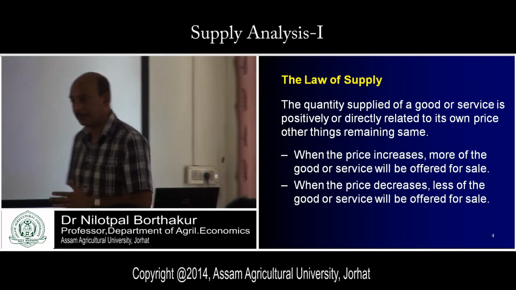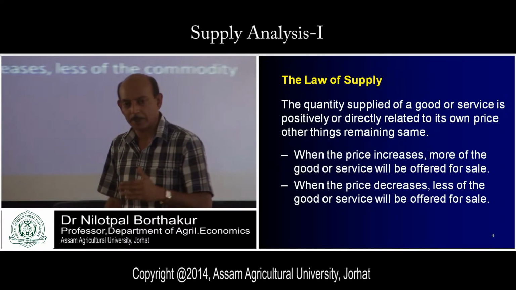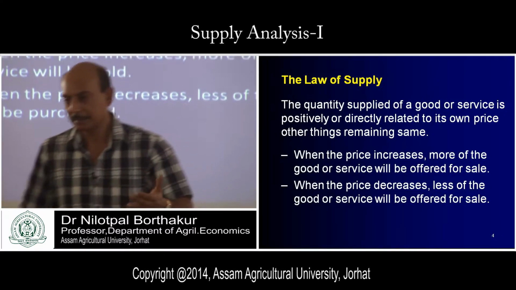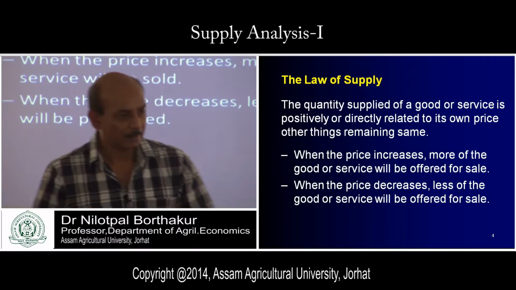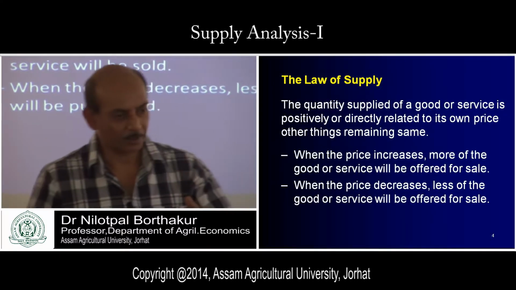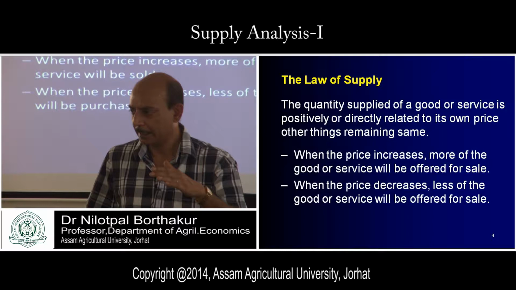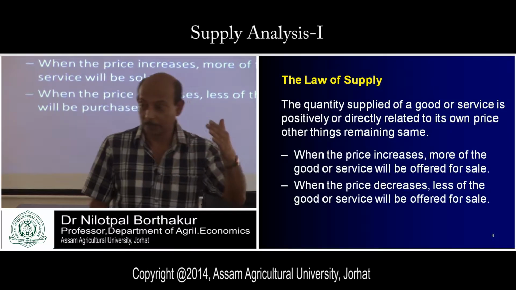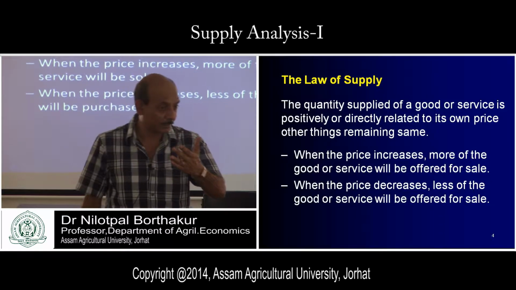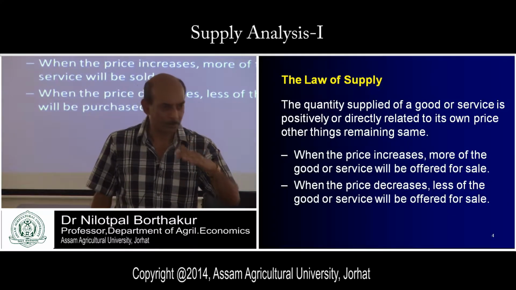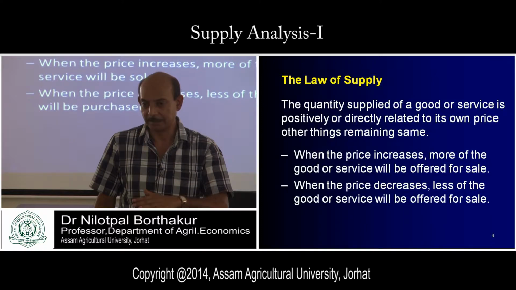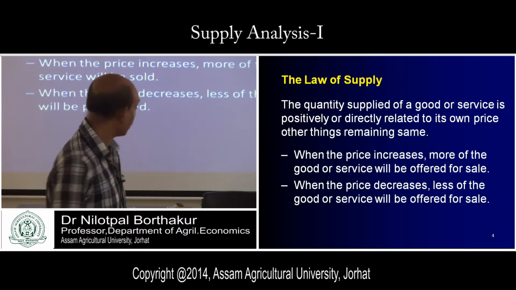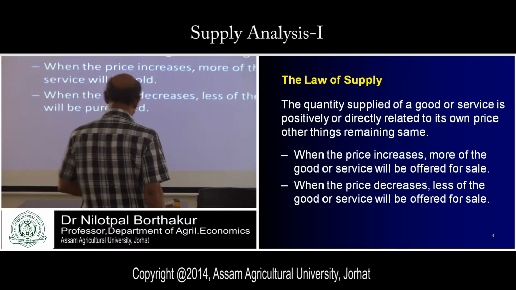That means if the price of a commodity goes up, supply increases, and if the price of the commodity goes down, supply decreases. Other things remaining the same. This is called the law of supply.